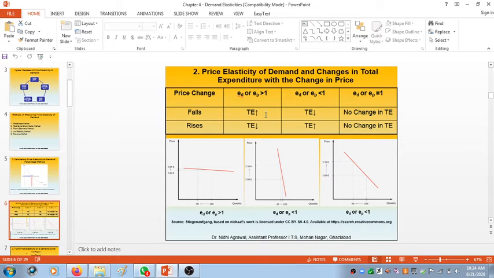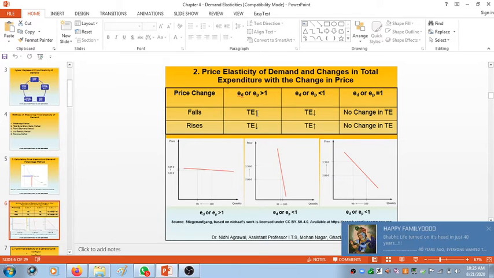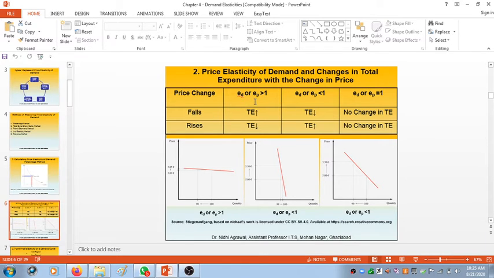Now keep this point in your mind. If the price of a particular commodity is falling, the commodity is going to be cheaper. So you will purchase more and more of this cheaper commodity, and when you purchase more, your expenses will increase. So total expenditure will increase when price falls and elasticity value is greater than 1.